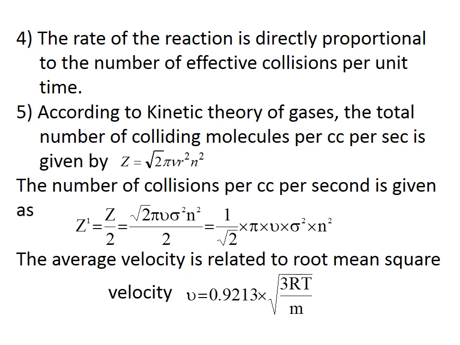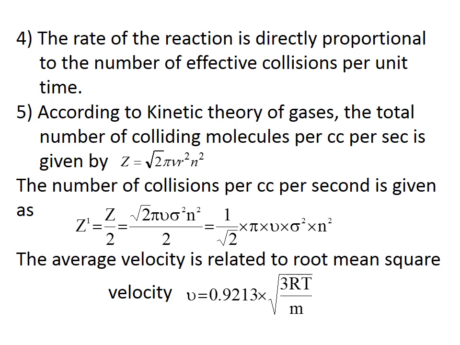The root 2 cancels, and you get 1 by root 2 into pi into v into sigma square into N square. You know, a single collision requires 2 molecules, so the total number is divided by 2, giving Z dash equal to 1 by root 2 into pi into v into sigma square into N square.